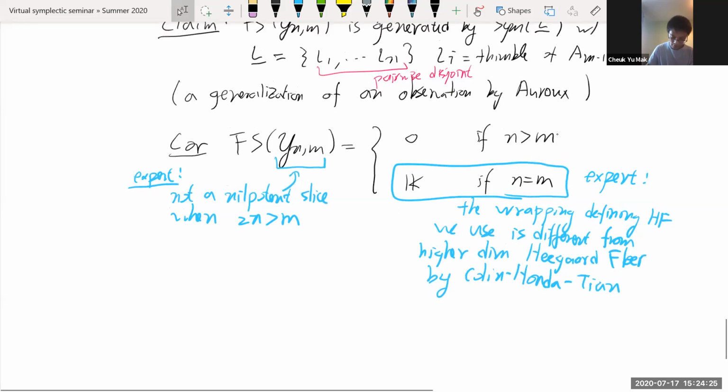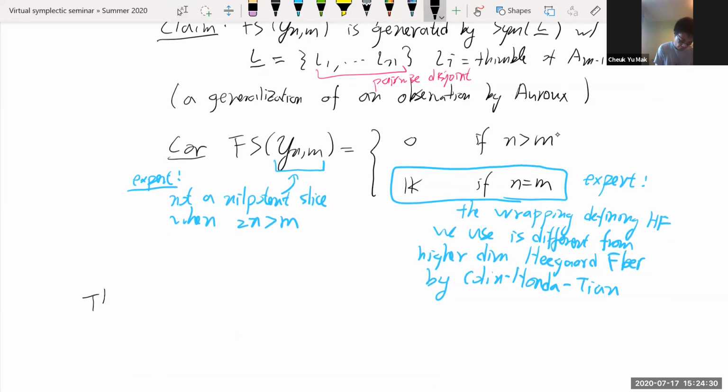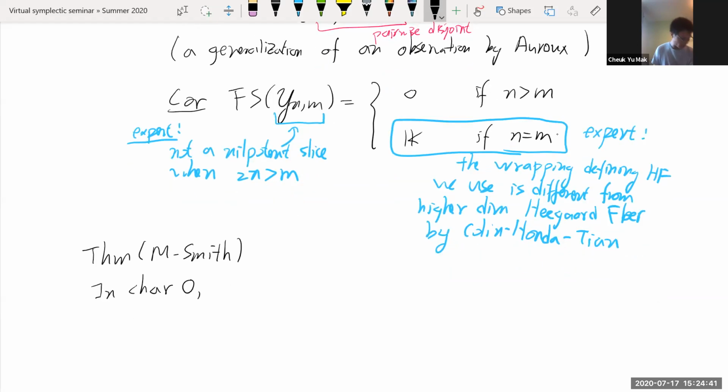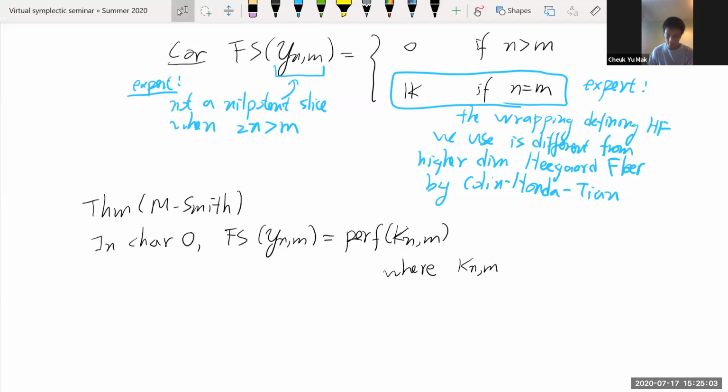And then for this Fukaya-Seidel category, we show that in characteristic 0, as in the results of Abouzaid, this Fukaya-Seidel category of YNM is the same as the category of perfect modules over KNM, where KNM are some graded algebras.